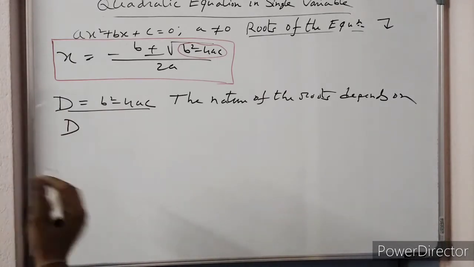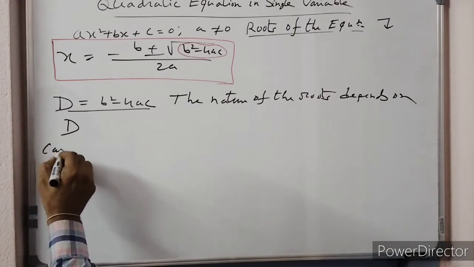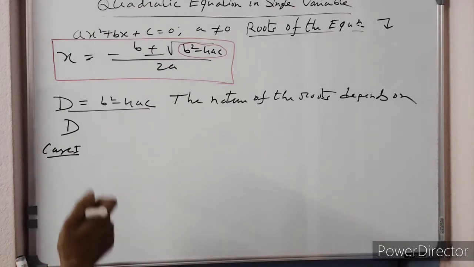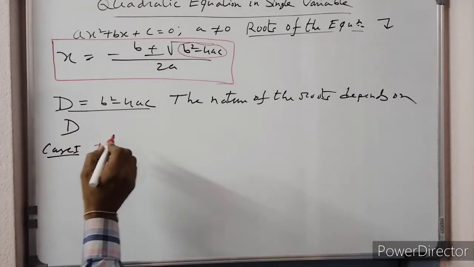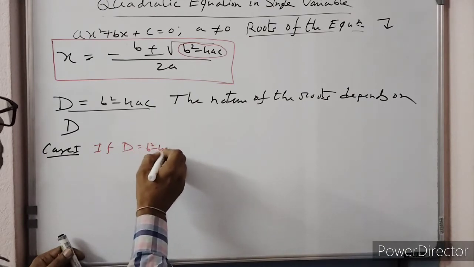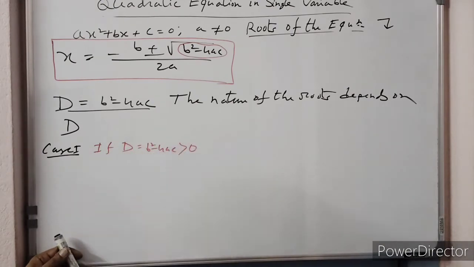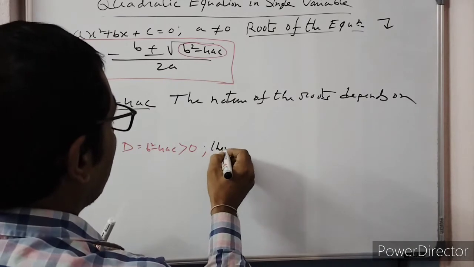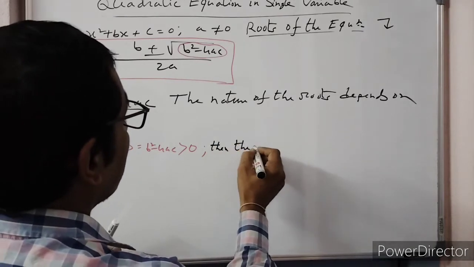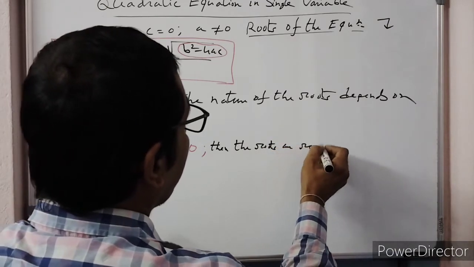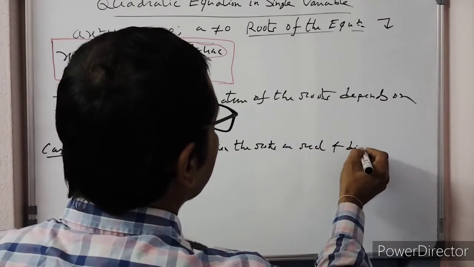Suppose, case number one: if D equal to b square minus 4ac is greater than 0, then the roots are real and distinct.